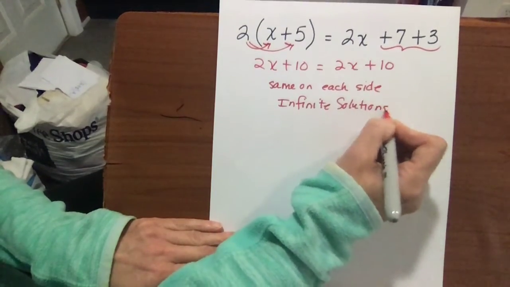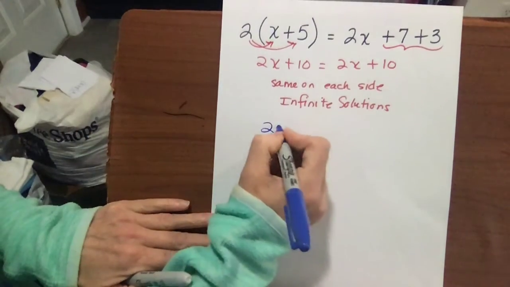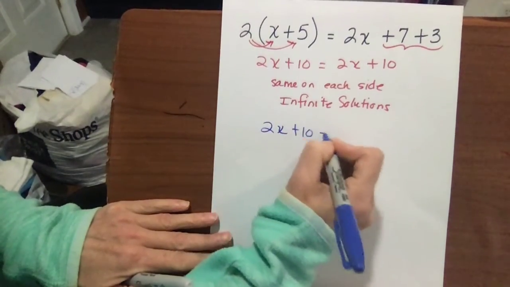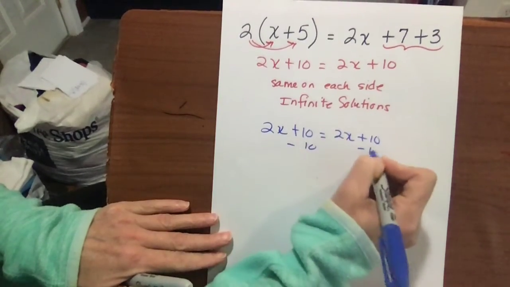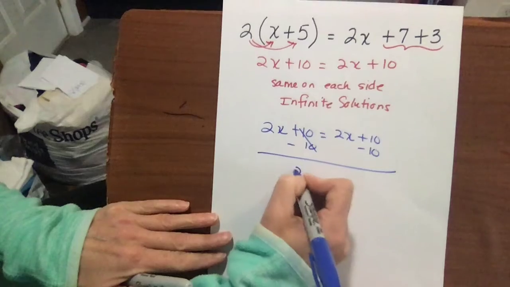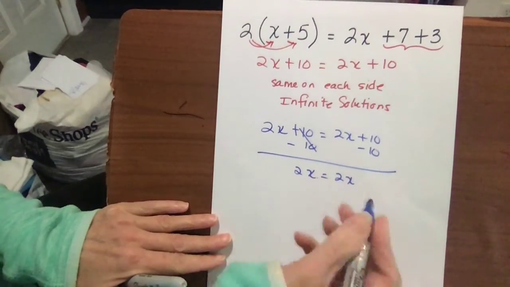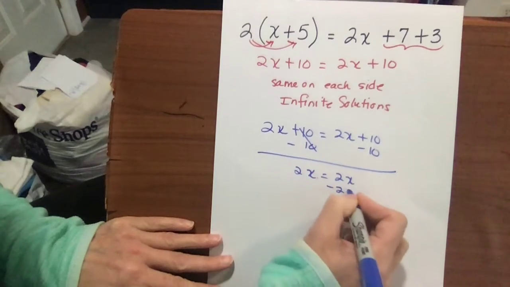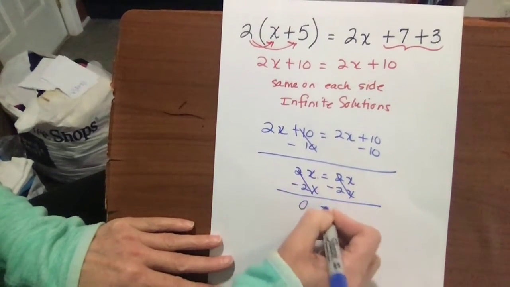If you don't recognize that right there and you become the robots that we usually are in mathematics and start to solve because we're just going through the motions, we're going to subtract 10. We're going to get 2x equals 2x. You might notice it here. If you still don't notice it and you get all your variables on one side, you got 0 equals 0.